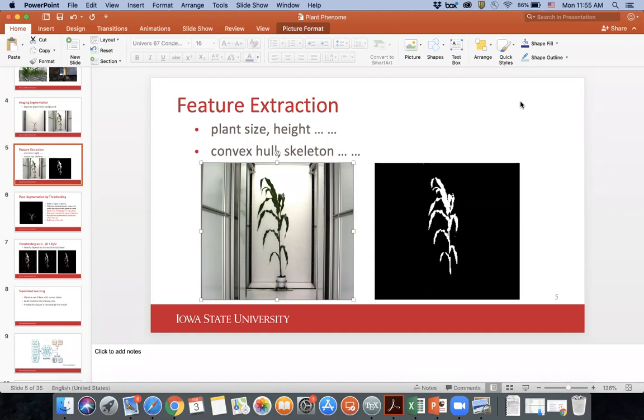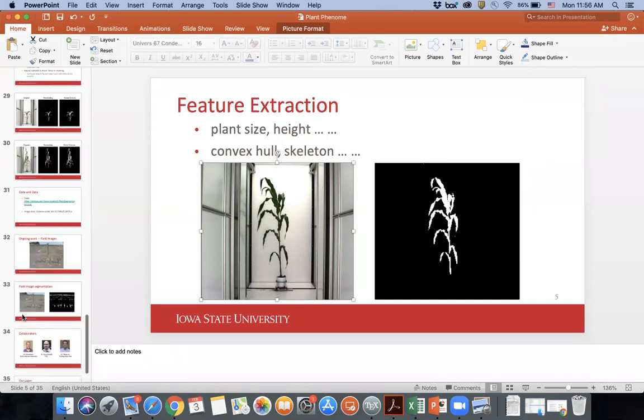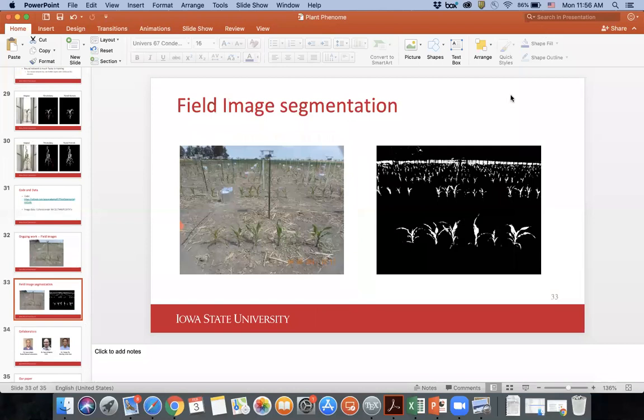What we find out is that if the plant falls on the ground, it will cause another problem for the following analysis. Once we have these segmented images, we then need to separate each row, right? We basically need to separate the first row here. There is another problem.